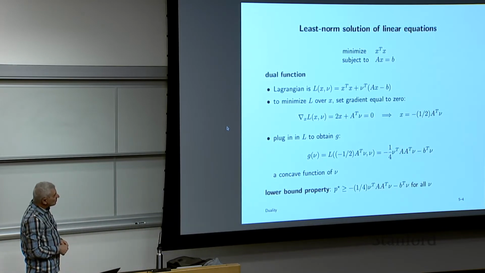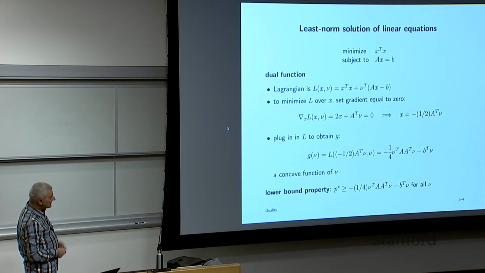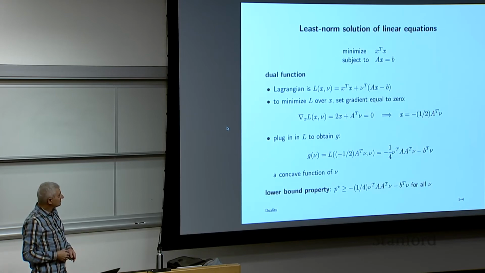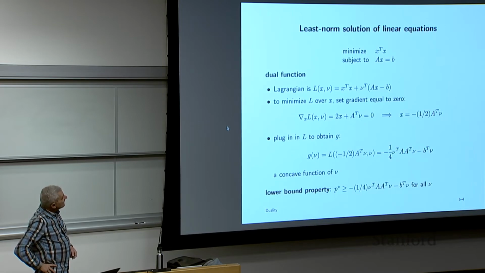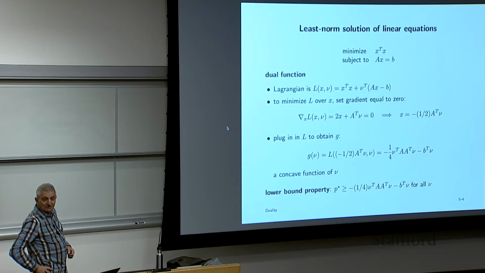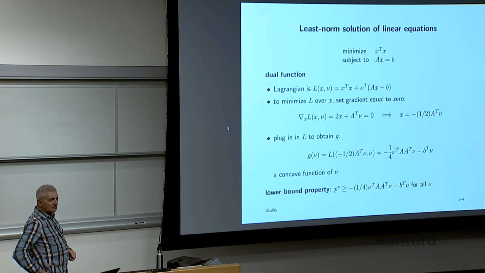But now, what's interesting about that is it says, if you wanted to solve this problem, if you pick any vector nu at all, and you evaluate that function, that is a lower bound on this problem. Okay? Let's try some. Here's one. Nu equals 0.